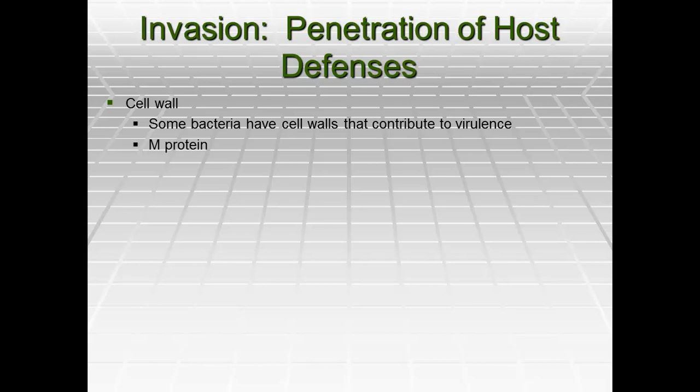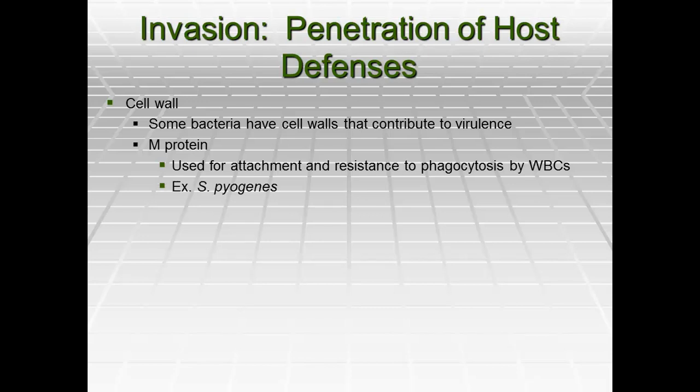The M protein is used for attachment and resistance to phagocytosis by white blood cells. So the M protein resists phagocytosis. Now, M protein is also heat and acid resistant, and we find this in Streptococcus pyogenes.